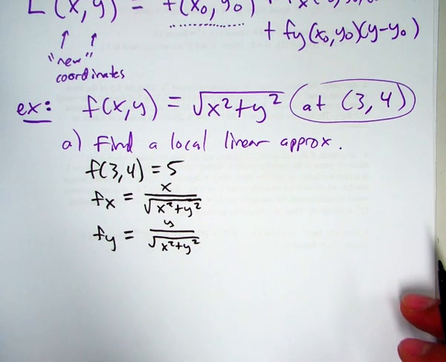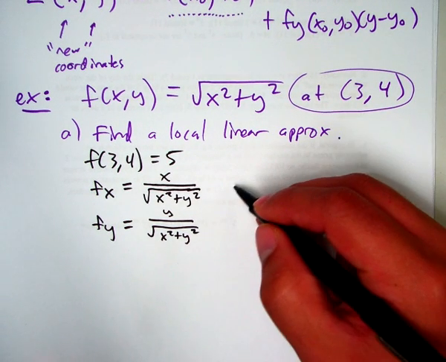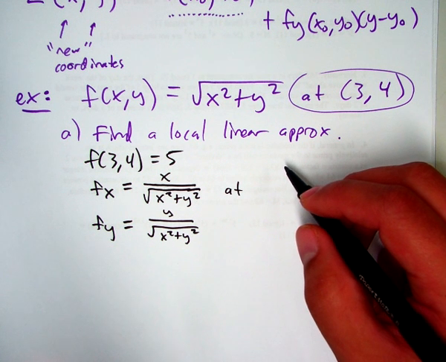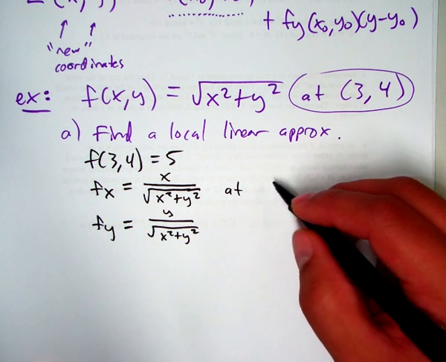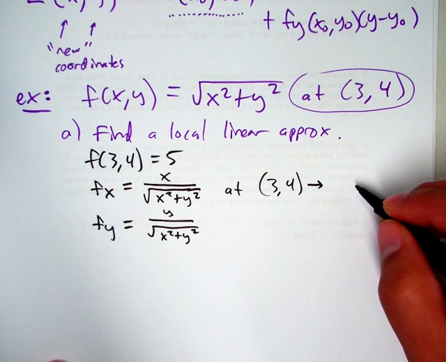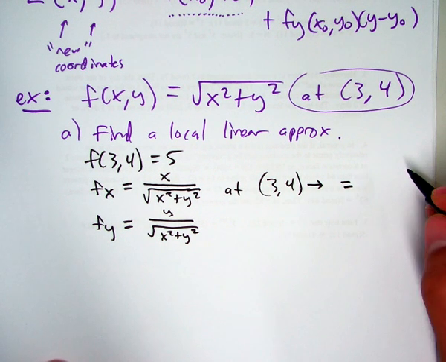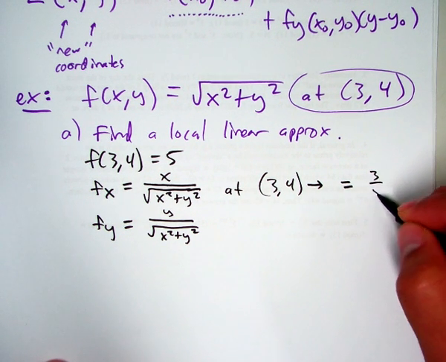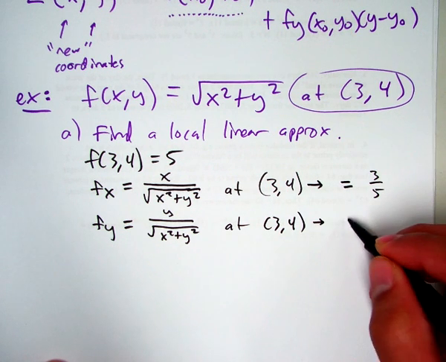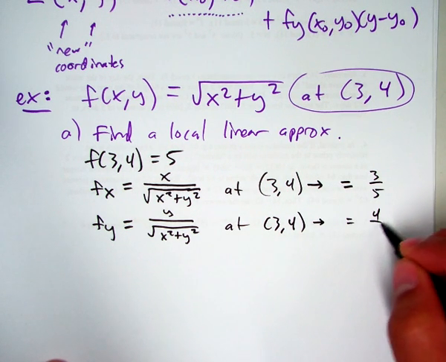So now, at 3, 4, what does this turn into? 3/5. And this at 3, 4, since that's our original point, equals 4/5.